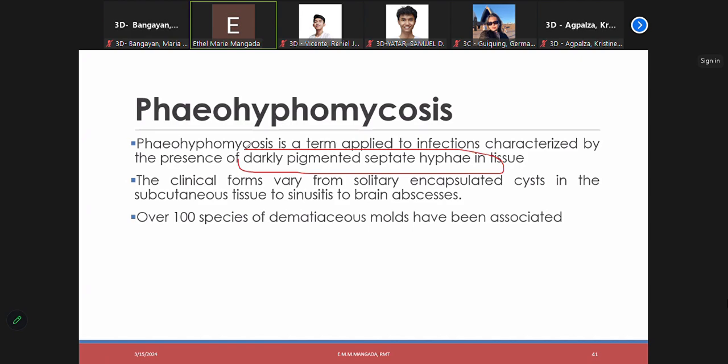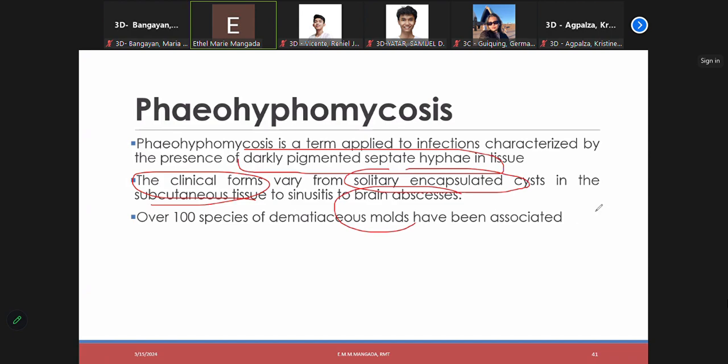Kasi sabi nga natin, the microorganisms causing it are dematiaceous. The clinical forms vary from solitary encapsulated cyst in the subcutaneous tissue o kaya naman meron tayong brain abscess. So even the CNS can be affected.